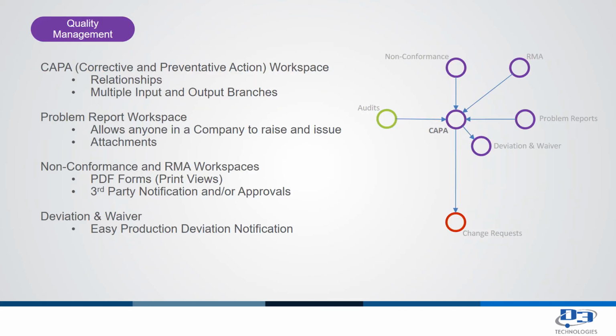So now we're moving into the quality management foundational area, and quality has a lot of different avenues it can take. Typically, these are the ones we see or are working with customers on: corrective and preventative actions, and a problem reports workspace.